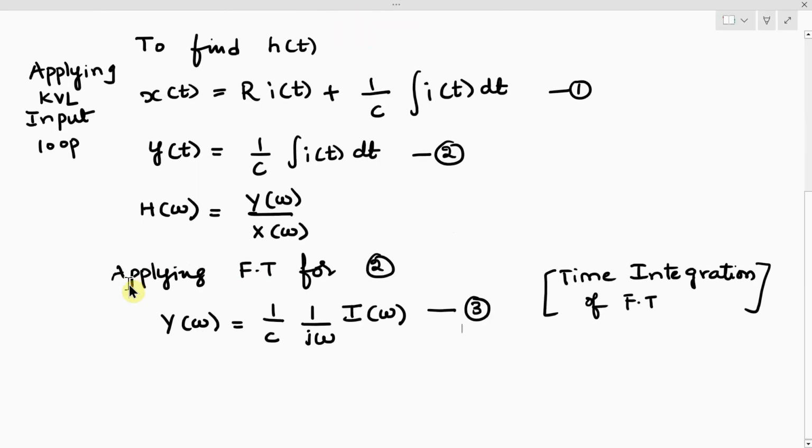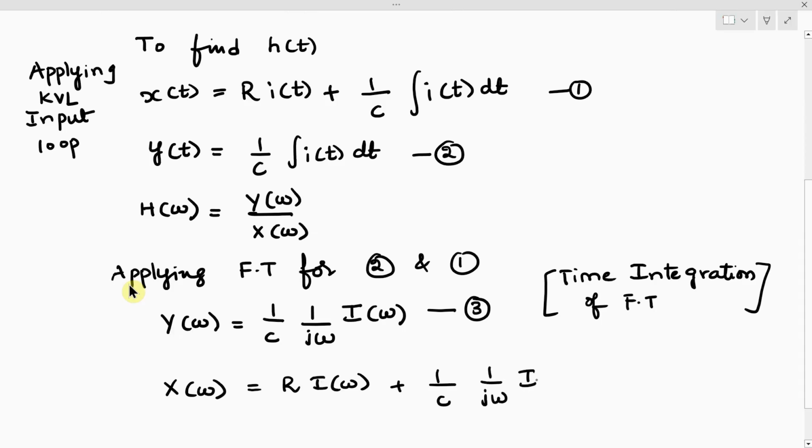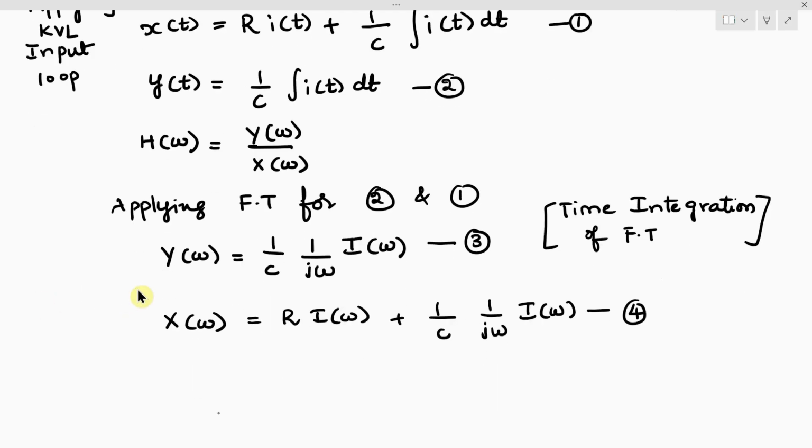Similarly, to find x of omega, we apply the Fourier transform for equations 2 and 1 both. So that becomes r into i of omega plus 1 by c, 1 by j omega, into i of omega, which is the Fourier transform of this. This is equation 4. Now we can easily find the transfer function or frequency response by taking the ratio y to x.